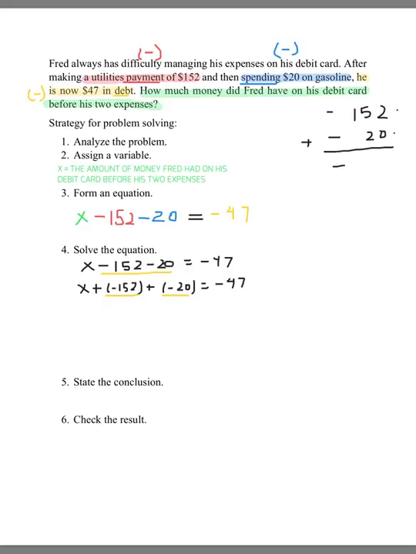So 2 plus 0 gives us 2. 5 plus 2 gives us 7. And then we're just going to bring the 1 down. So combining these two numbers, we get x plus a negative 172. And that's going to be equal to negative 47.